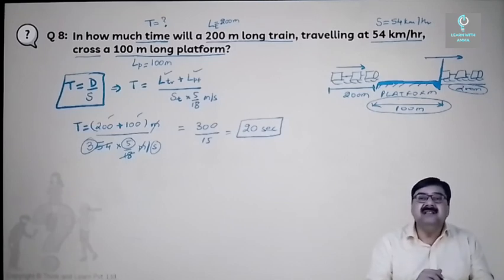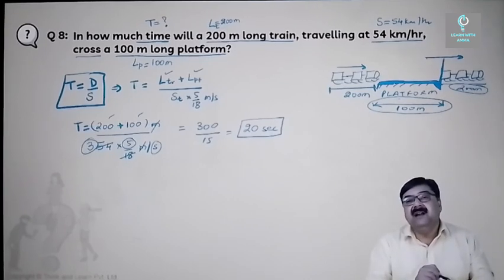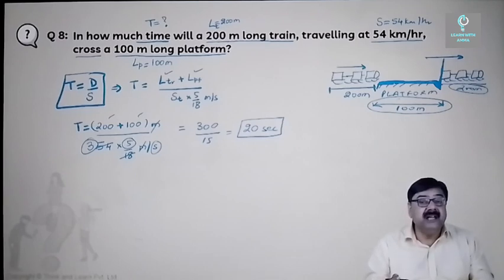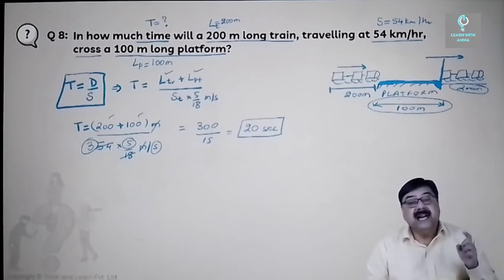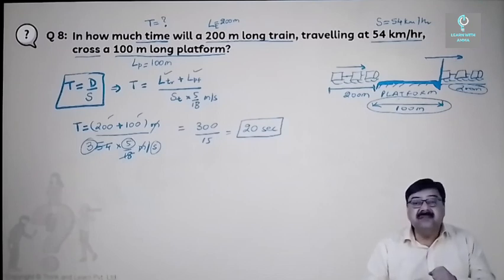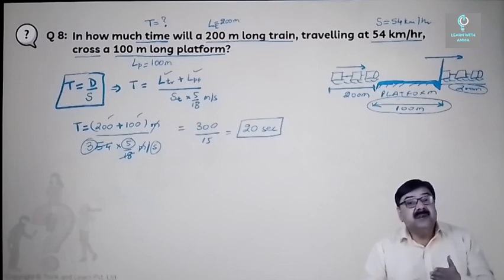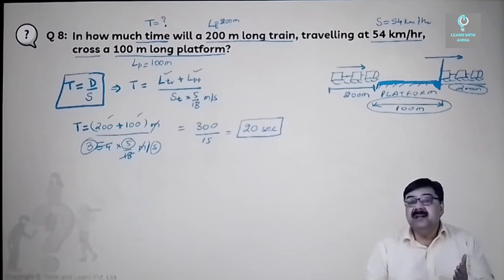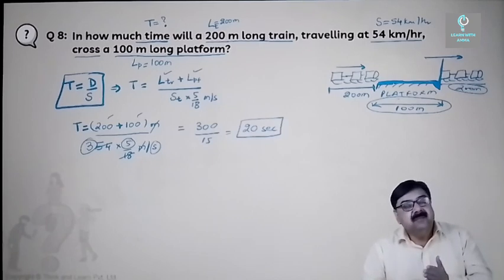So in such a case, the length of the train gets added to the length of the platform. So first case, electric pole, only the length of the train becomes the distance to be crossed. And in second case, that is a case of crossing a platform, the distance becomes length of the train plus the length of the platform.